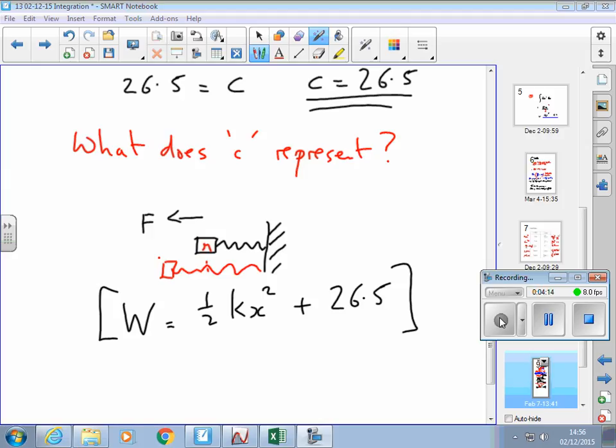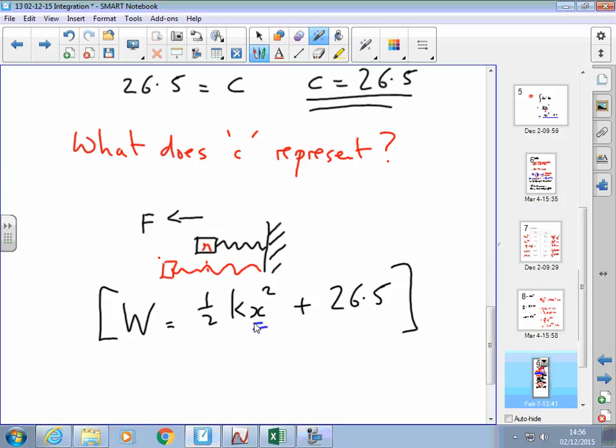what does this 26.5 mean, you ask yourself, what happens if x is 0? If x is 0 in this formula, in other words, right at the beginning, all of this disappears. So that means the left-hand side, which is work, equals 26.5.